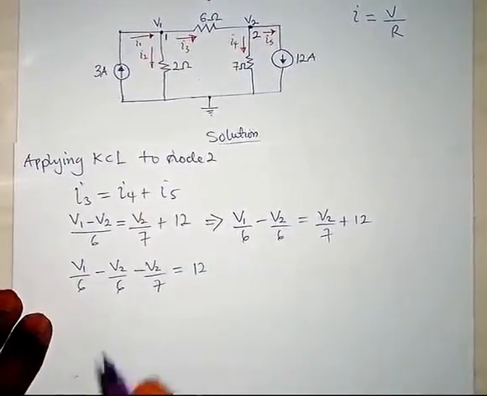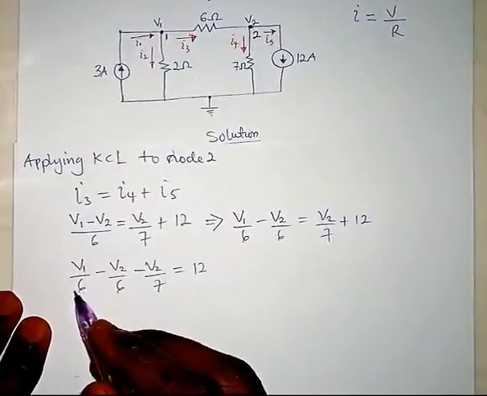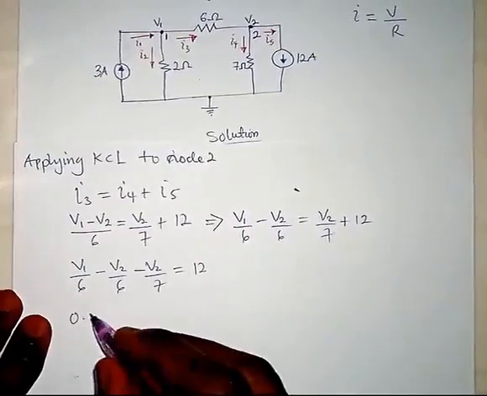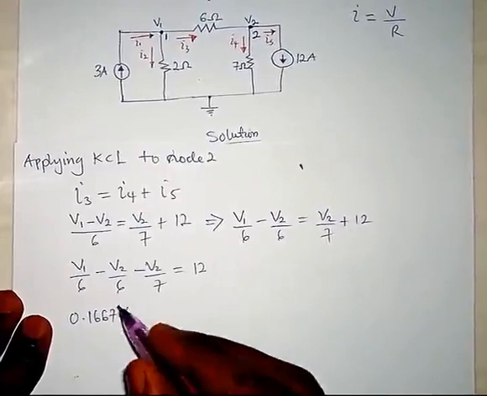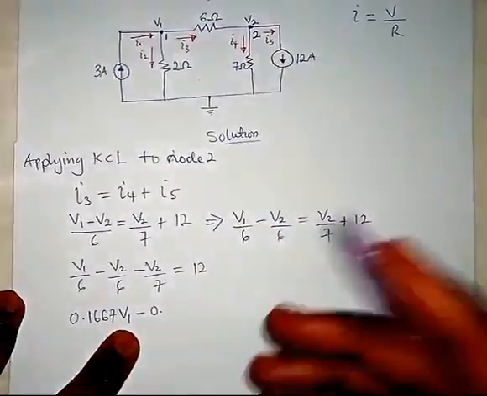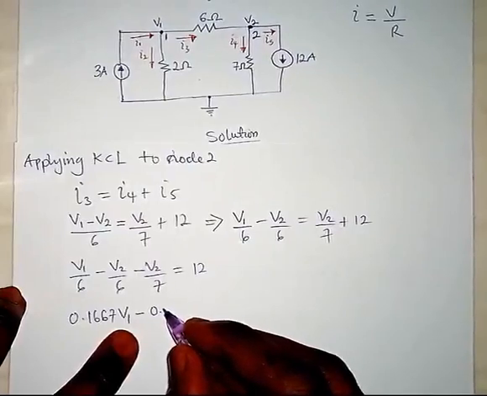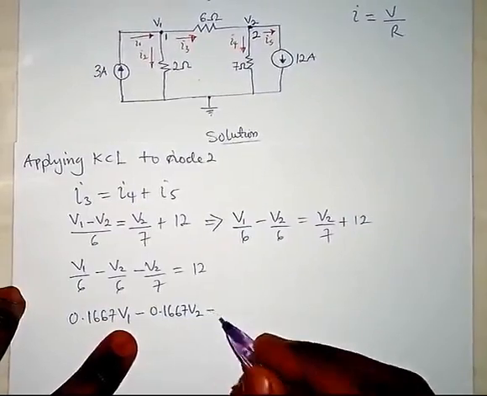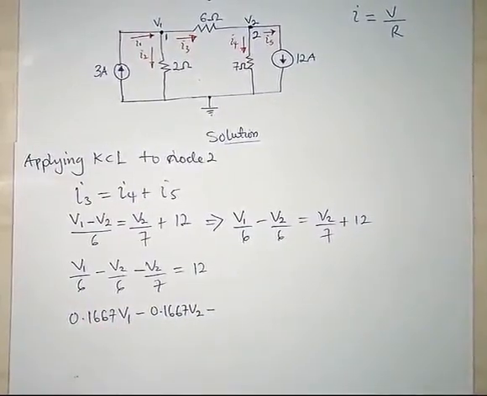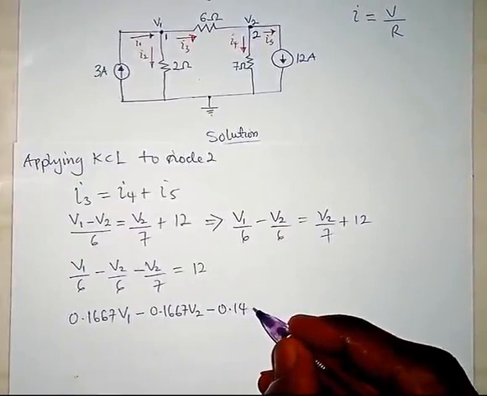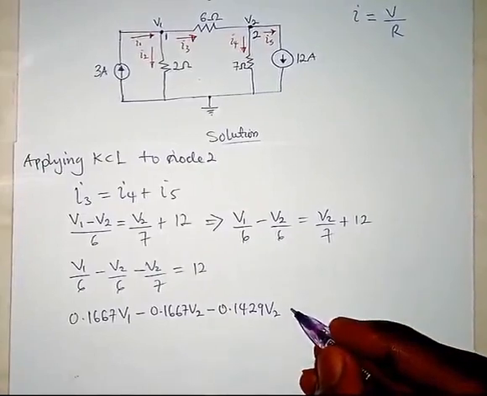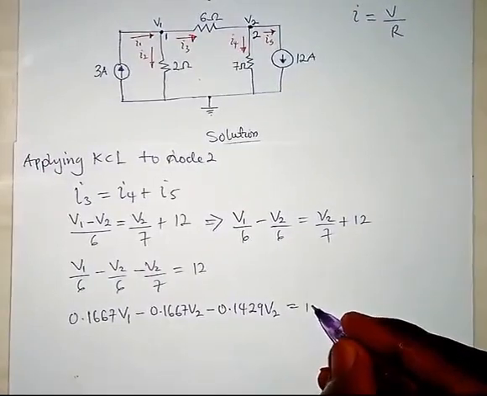So 1 over 6 is given by 0.1667 V1 minus 0.1667 V2 minus 1 over 7, which is given by 0.1429 V2, equals 12.